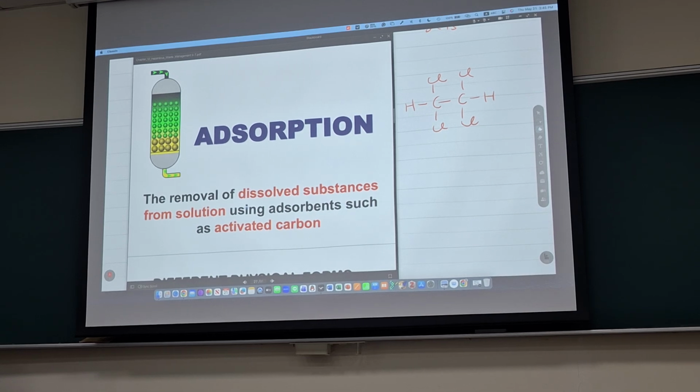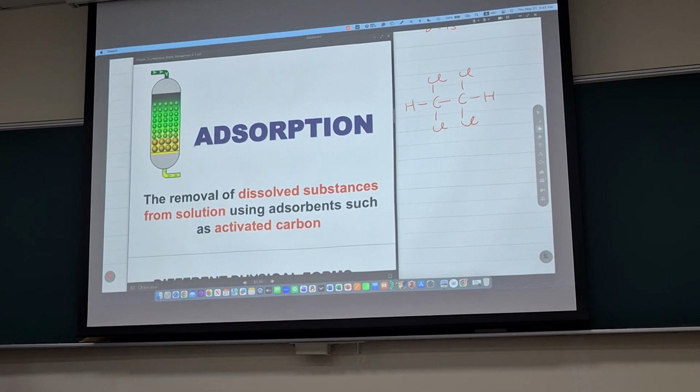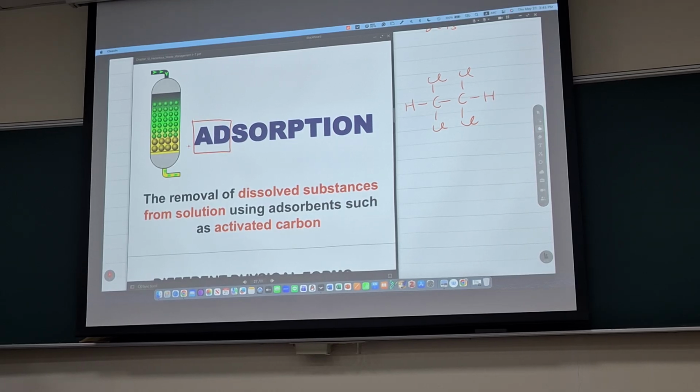Okay, next I would like to talk about adsorption. Adsorption is good for the removal of dissolved substances from the solution.